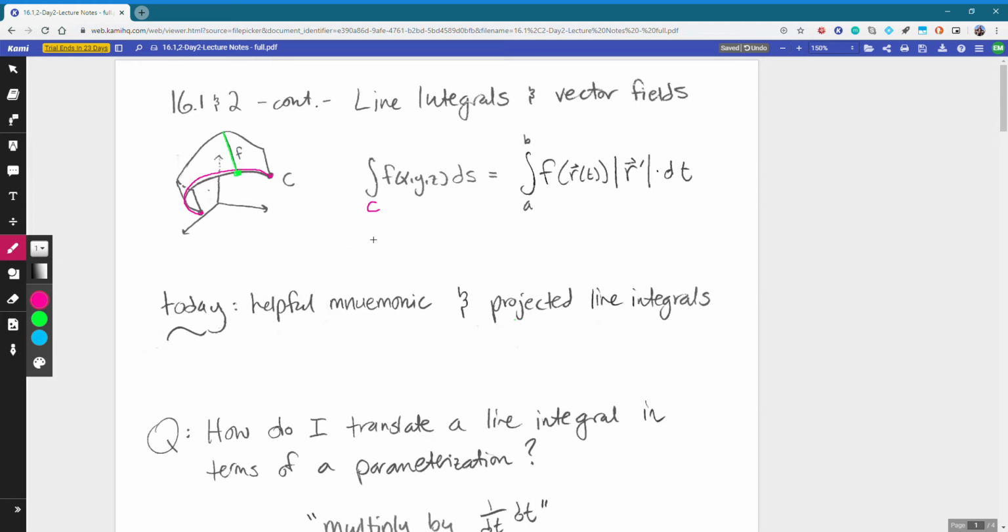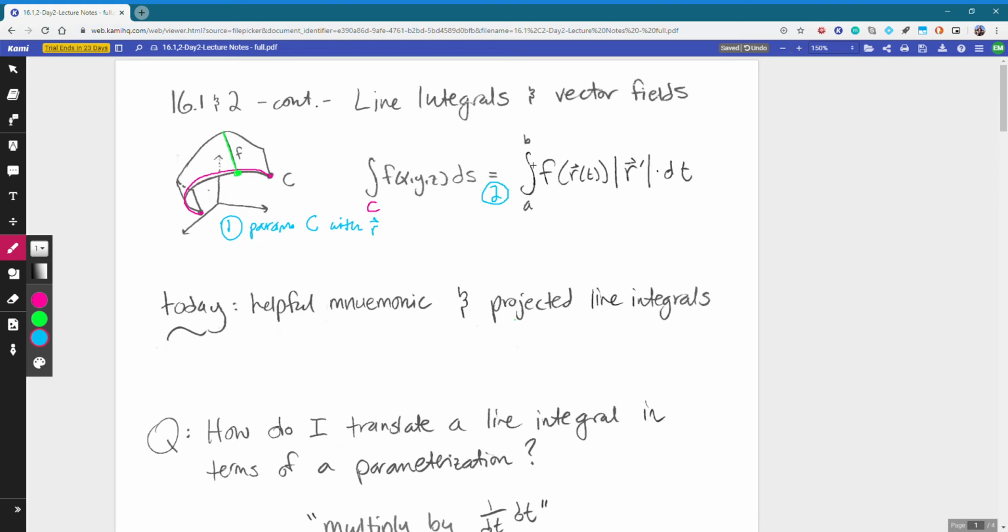All right, and the way that we can compute these is, first of all, we need to get a parameterization of our curve. So we need to parameterize our curve C with some vector function R. And once we have that parameterization, we can use it to translate our integral. Here is the formula that we saw last time.